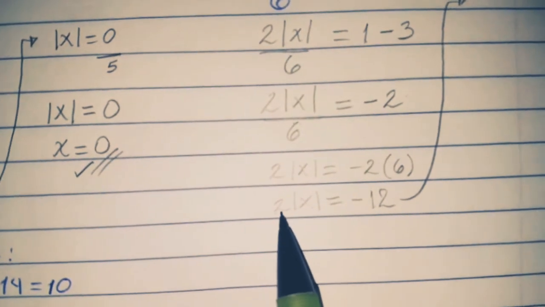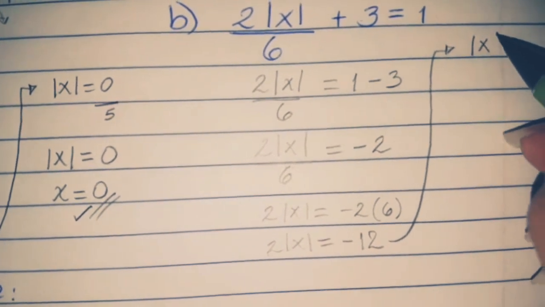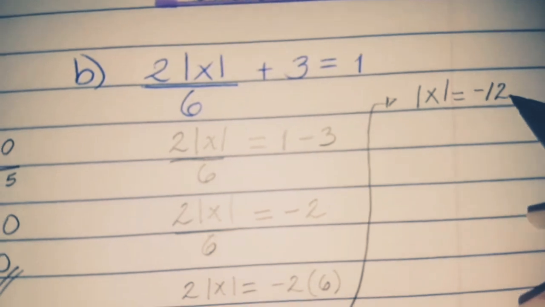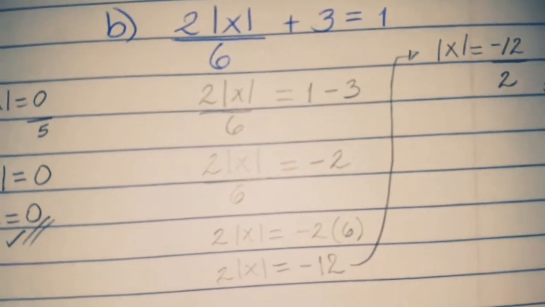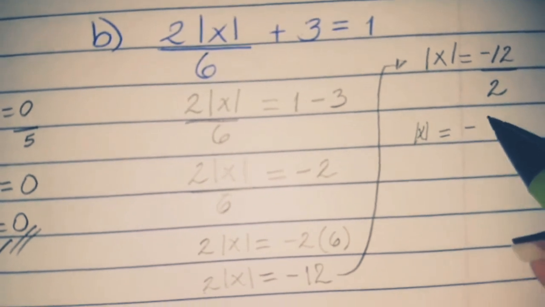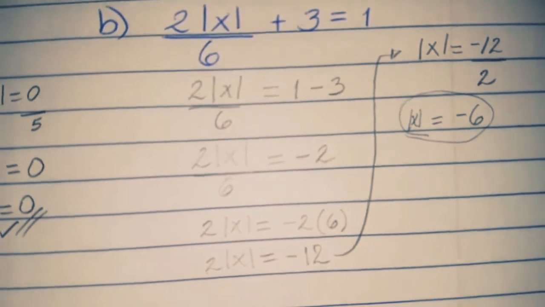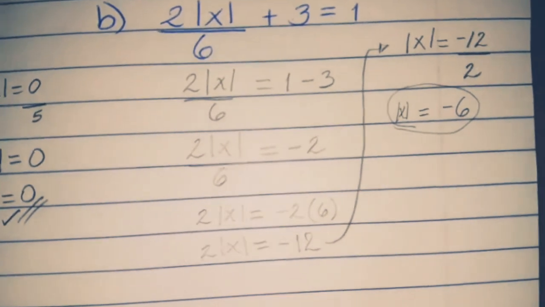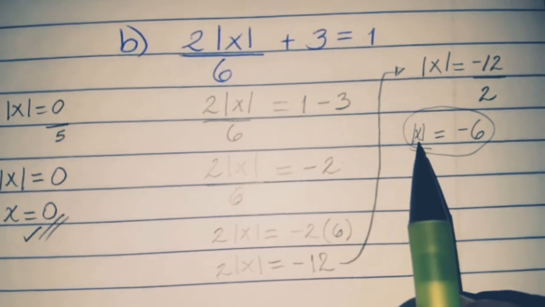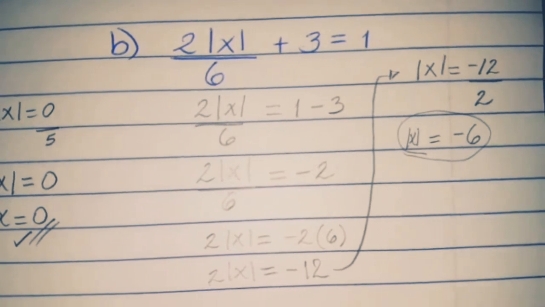Let's continue here. Now the 2 comes to this side of the equation, dividing. Absolute value of x equals negative 12 divided by 2. Absolute value of x equals negative 6. We have gotten to a point where I cannot continue, because here it says absolute value of x equals negative 6.